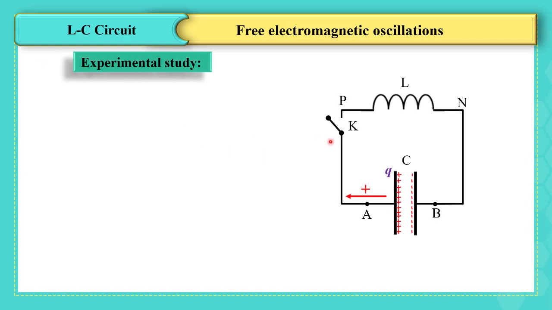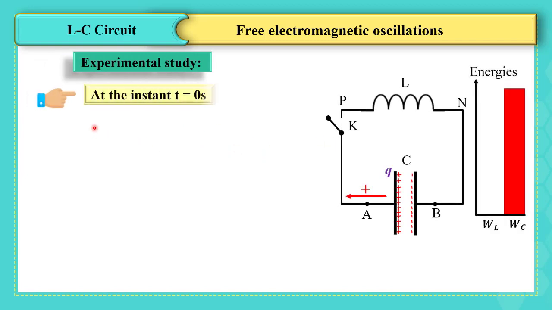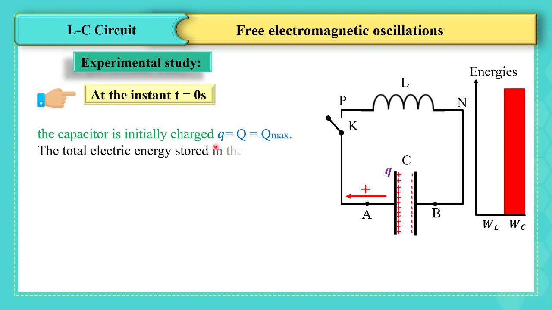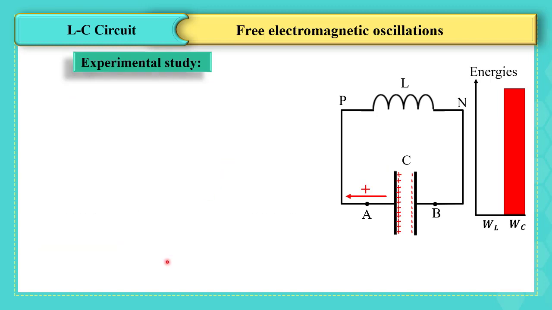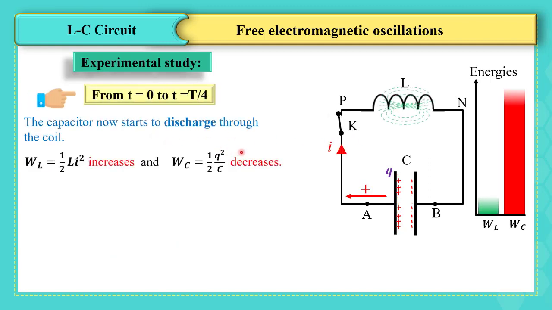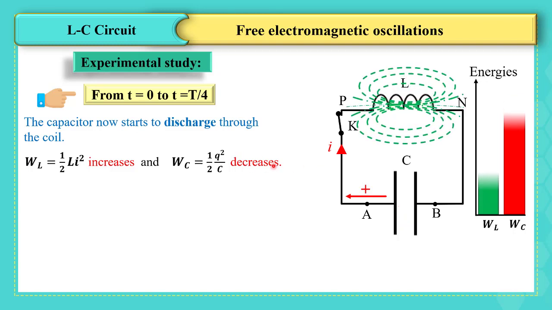At t equals 0, the capacitor was initially charged, and the electric energy stored in the capacitor was maximum, while the magnetic energy stored in the coil was 0, and so the current. Now, as time increases from t equals 0 to t equals a quarter period, current is going to flow from the positive plate of the capacitor in a direction taken as positive sense, so i is positive.